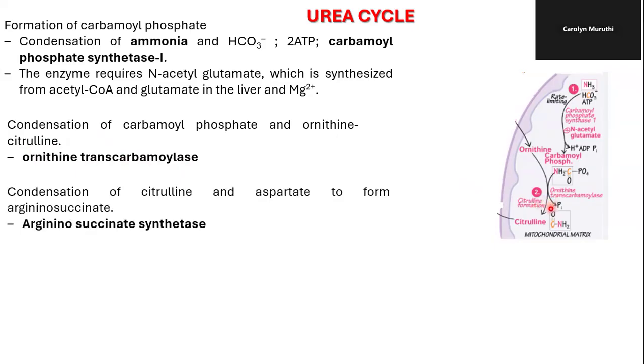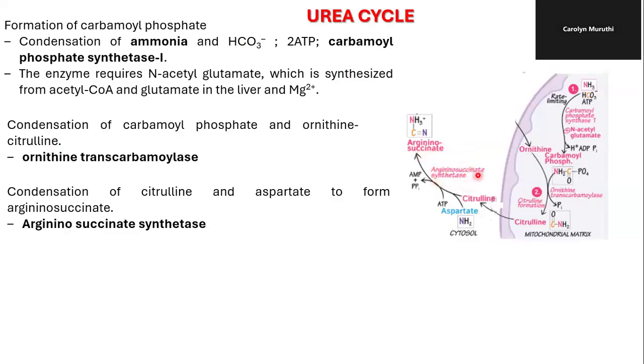Citrulline is then transported from the mitochondria to the cytosol, where it condenses with aspartate in the presence of ATP to give rise to argininosuccinate.